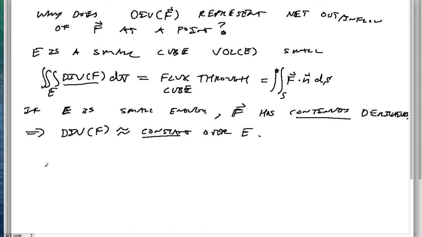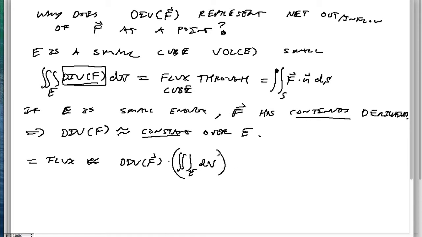such that the divergence we can effectively say is constant, and that implies then that the flux is going to be equal to, and again, if this is a constant inside this volume, that means we can bring it outside. Of course, that's the volume of our box.